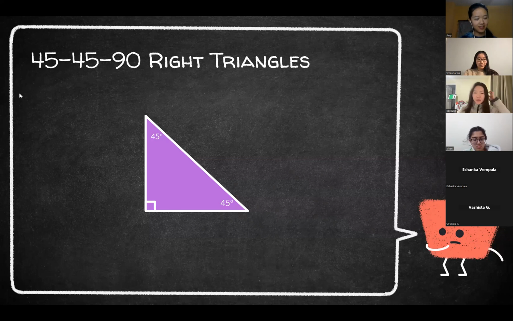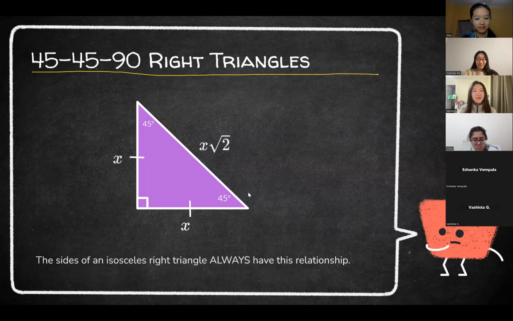Sure. So now we can talk about 45, 45, 90 right triangles, which I like because they're simple to memorize what the relationship is. So obviously 45, 45, 90, this means that this triangle is isosceles, and we can use that fact to create this relationship between the sides.